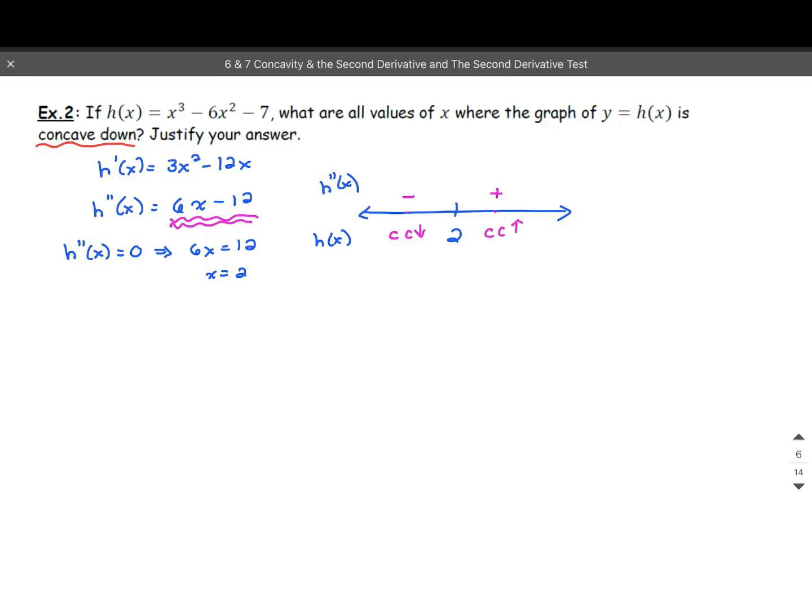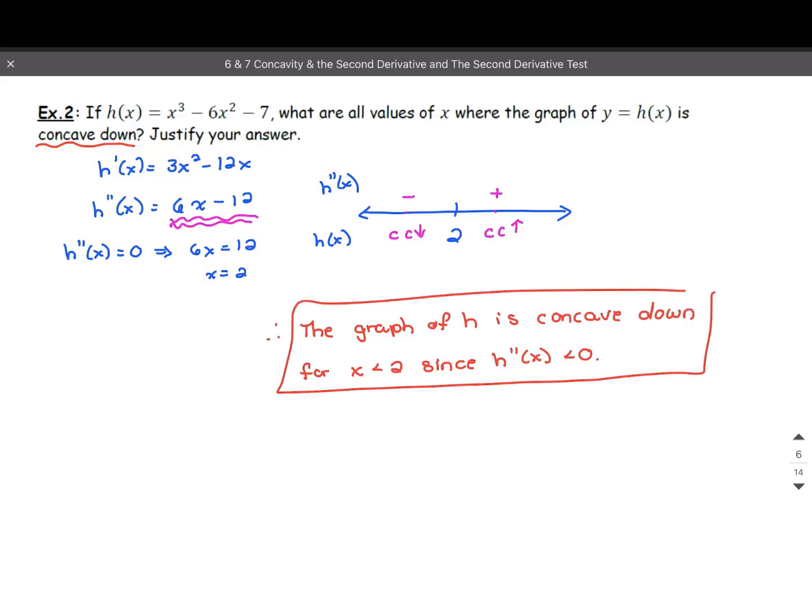We want to know when our function is concave down, so therefore, the graph of h is concave down for all the x's less than 2, since the second derivative of h of x is less than 0. And there we go.